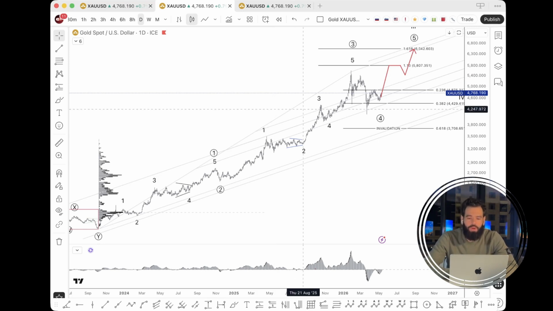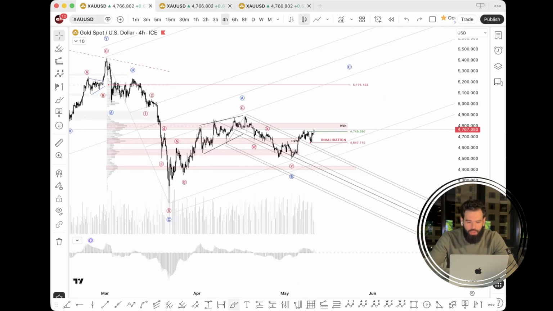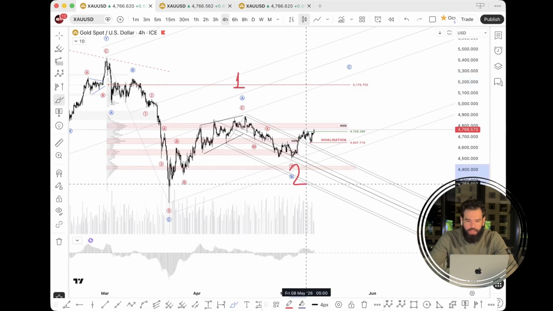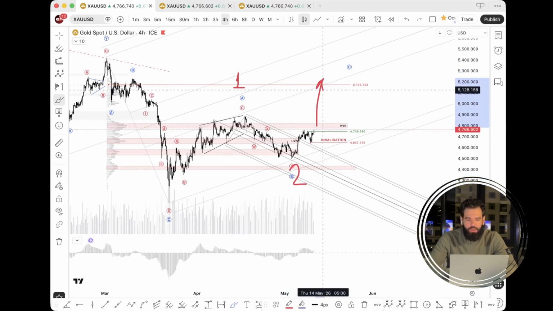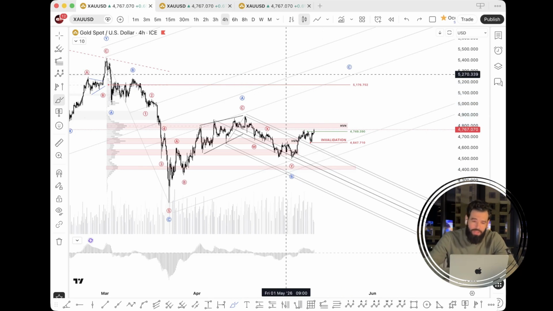And likely, one of the scenarios, which is now the primary one, is that the correction could be completely over. Meaning, we're seeing a situation here where waves 1 and 2 have formed, and we're starting to actually accelerate. This scenario is possible. It's the main one right now, and we're picking our trade based on it.